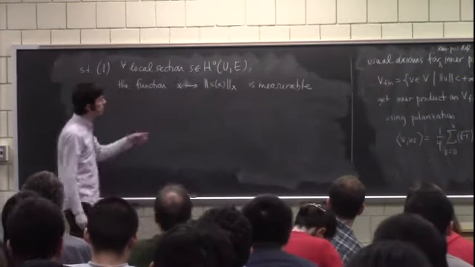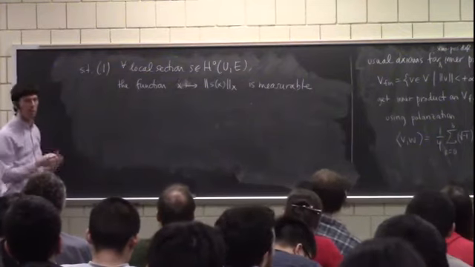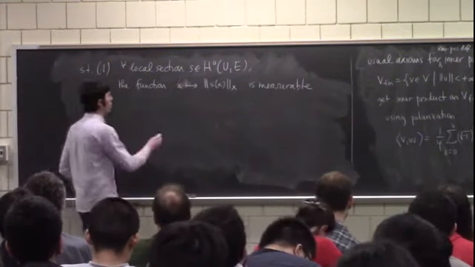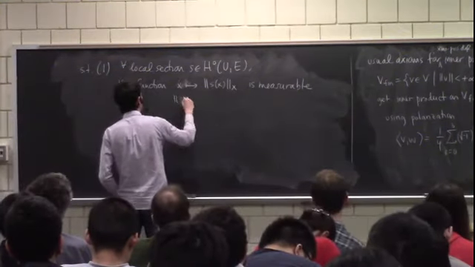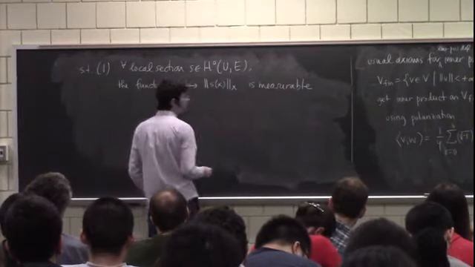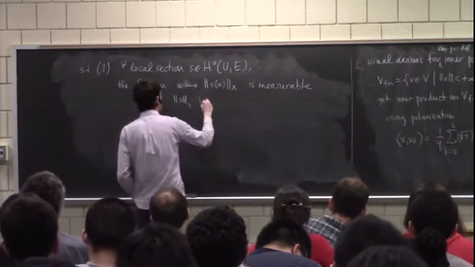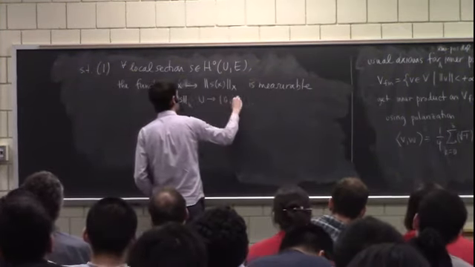So that's a function that assigns to every point a number between 0 and plus infinity, and I'm just asking that that's a measurable function. And I'm going to write this function as S. Maybe I gave the name, so let's put a subscript H here. So this is a function from U to 0 plus infinity.